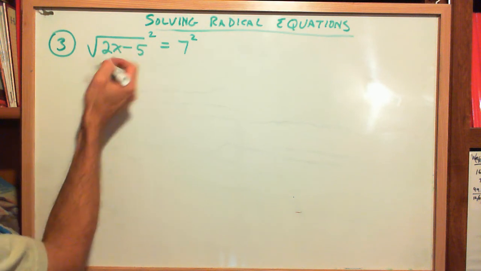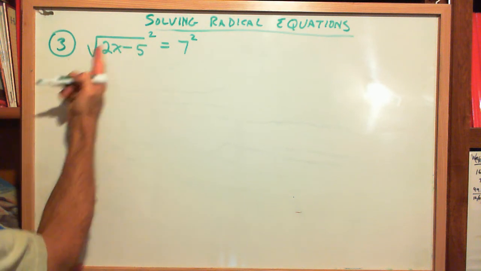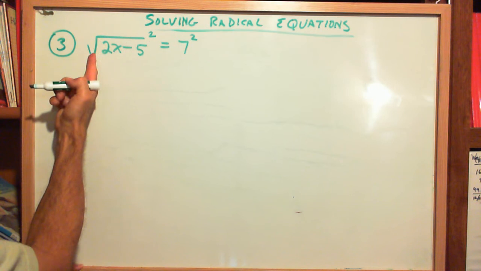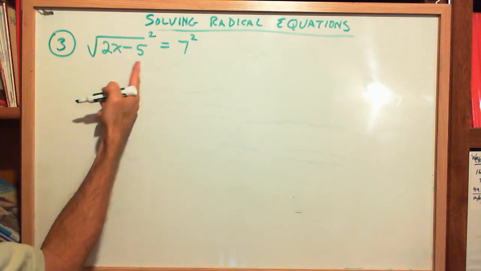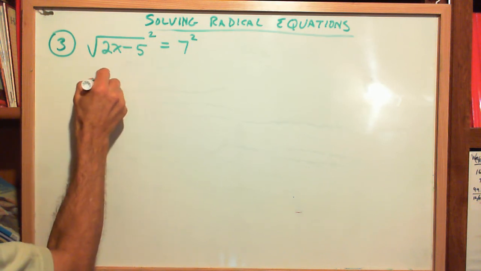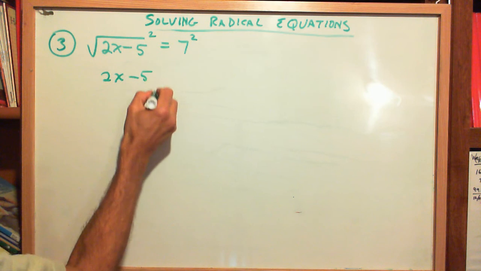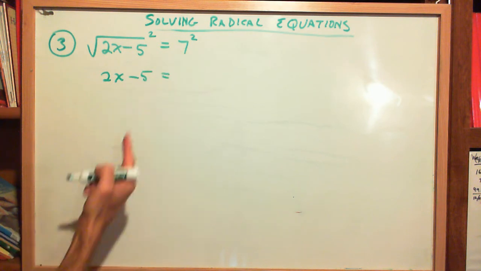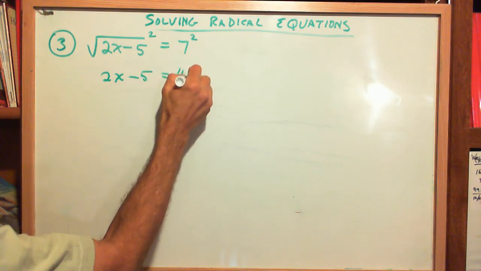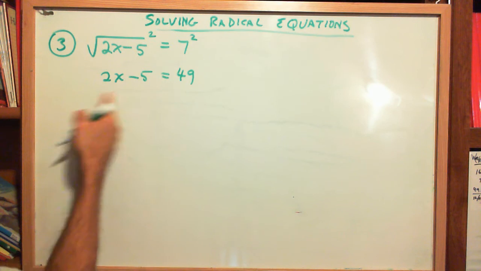Squaring both sides just gets rid of the radical sign and the square. They both cancel each other out. So all I have left is what's underneath the radical sign. So I have 2x minus 5 is equal to, what's 7 squared? That's 49. I just solve for x now.